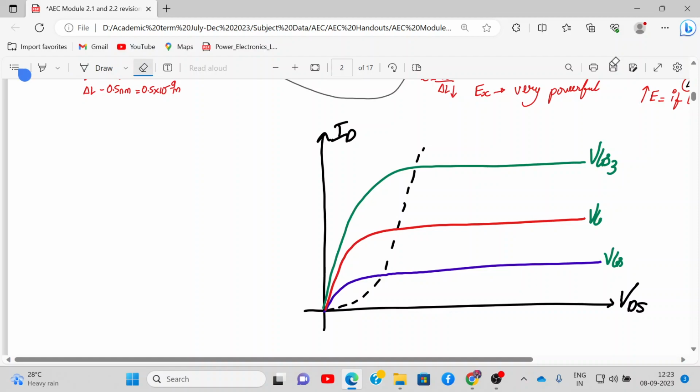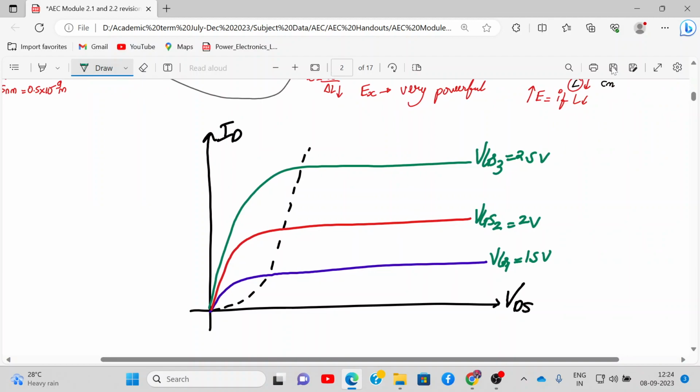Let's say this is 1.5 volt, 2 volt, 2.5 volt. Alright, understanding? And VTH is, let's say, 1 volt. So all are greater than the VTH value.